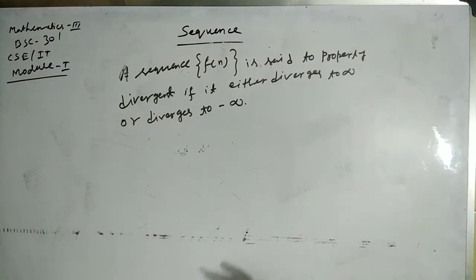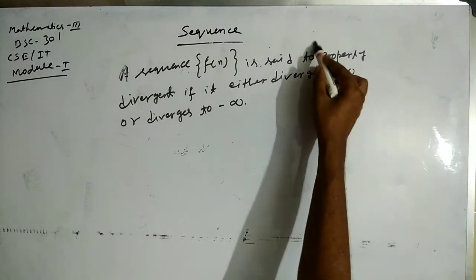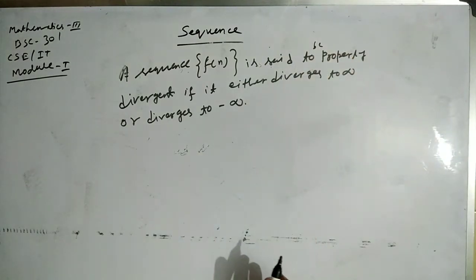So a sequence is said to be properly divergent if it either diverges to plus infinity or diverges to minus infinity.